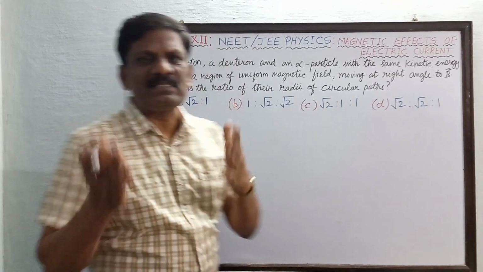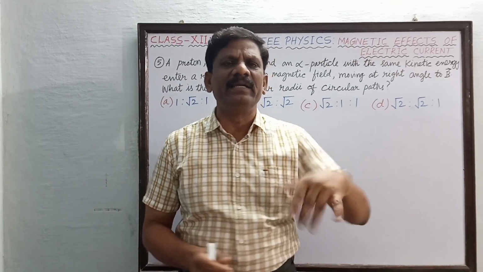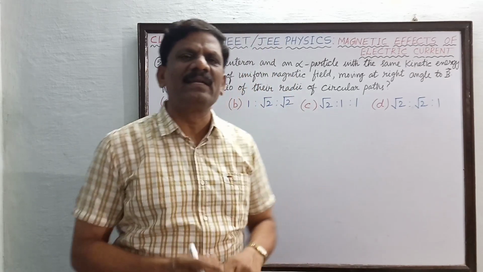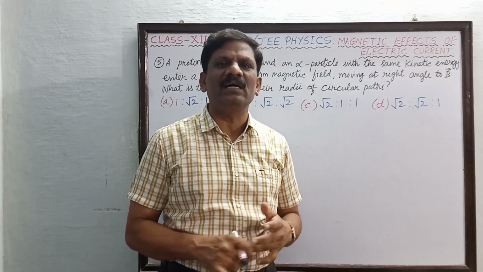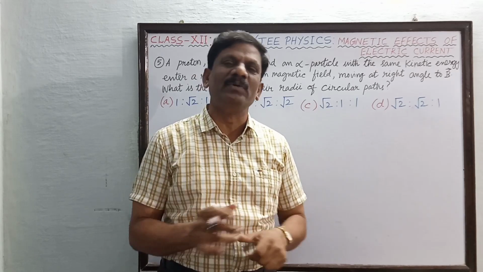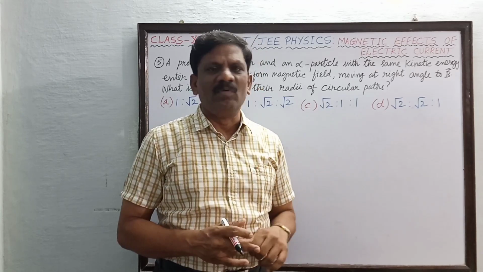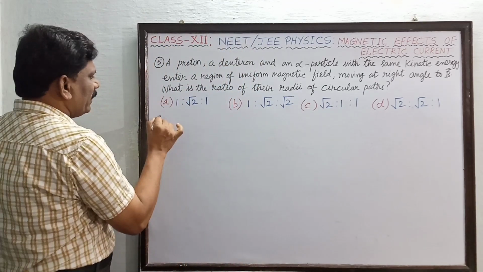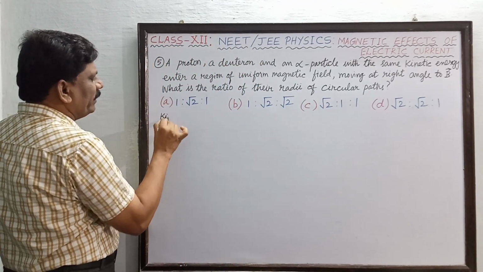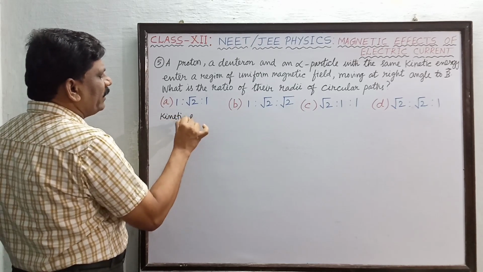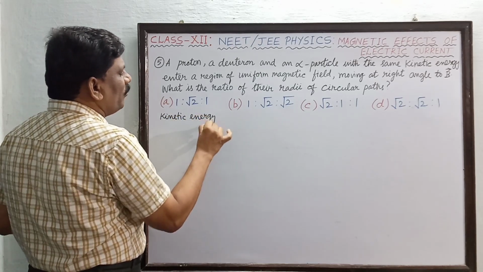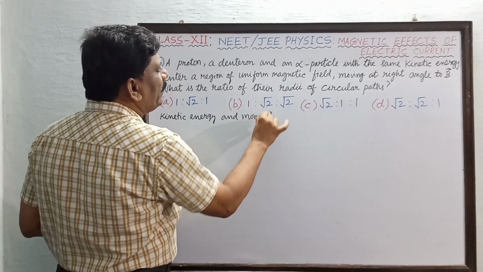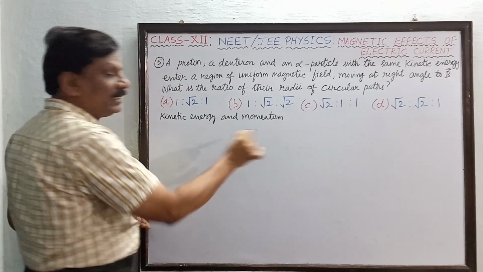We have all studied the relationship between kinetic energy and momentum. This is extremely important for NEET and JEE students, as so many numericals will appear. What is the relationship between kinetic energy and linear momentum?